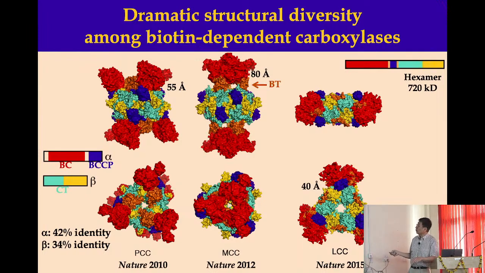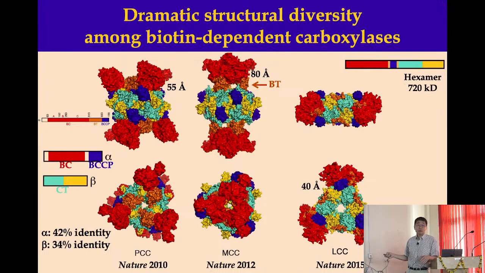Another thing is from these holoenzyme structures, we actually discovered a new domain, colored orange, which I named the BT domain, because as you can see, it mediates interaction between BC and CT. So BC, CT, BT. Where does it go? It's in this little daylight between BC and BCCP.